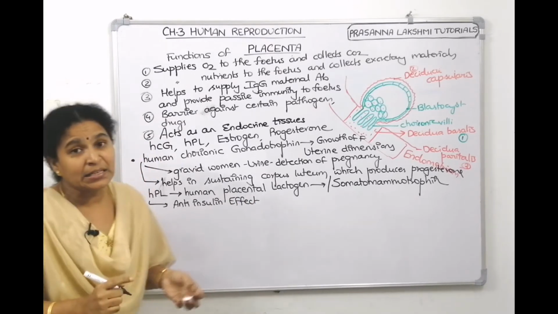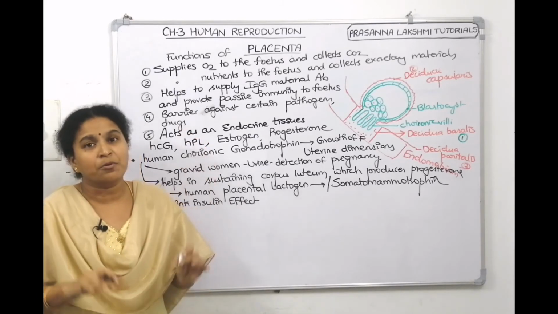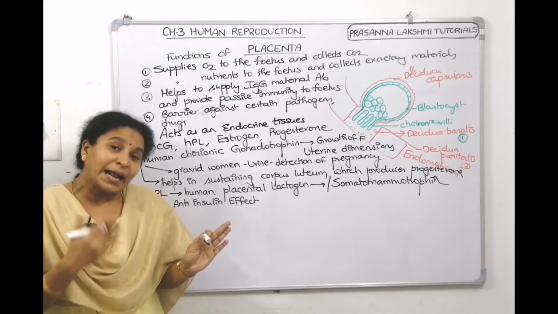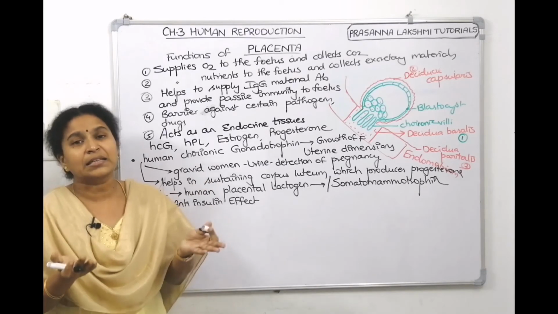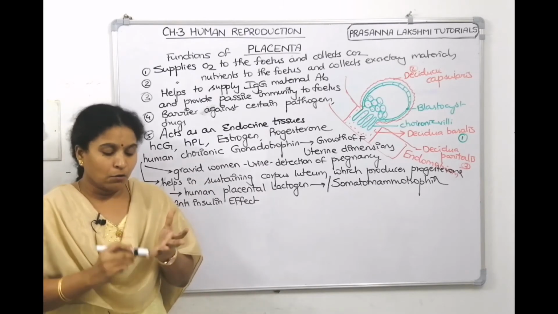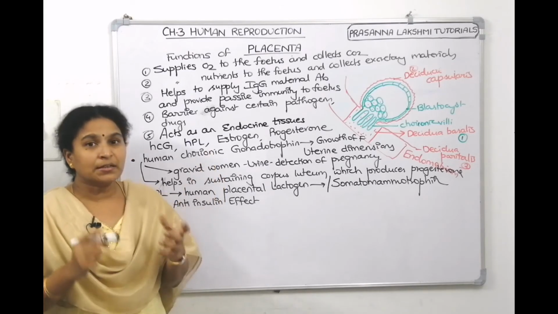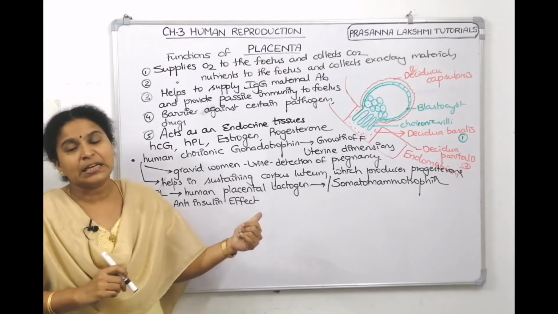HPL has anti-insulin effect. What do you mean by insulin? Insulin is a hypoglycemic hormone. It reduces the blood glucose levels, and we are telling HPL has anti-insulin effect, means it increases the glucose levels, it increases the amino acid levels. For the growing fetus, glucose, amino acids and nutrients are required. So placenta will secrete the second hormone called HPL, which has anti-insulin effect.